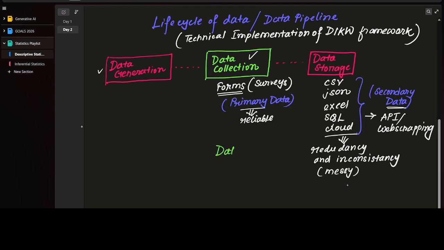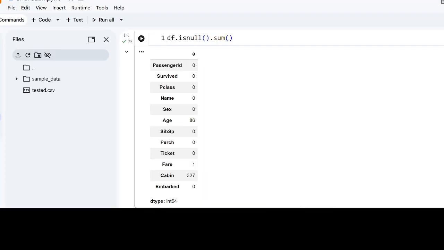Data cleaning is important, so this is our next step. After data collection, if you are collecting from a secondary data set, you have to do data cleaning, because data can be messy, as you can see from this example.